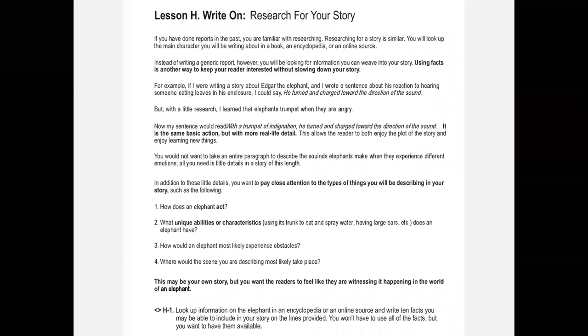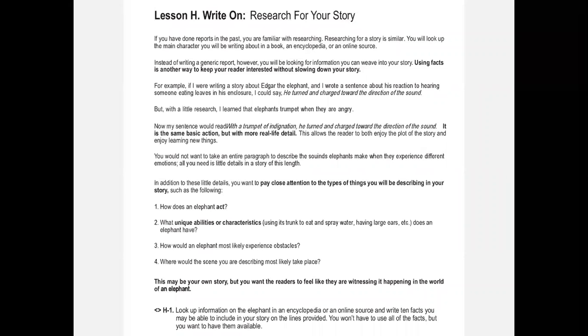Instead of writing a generic report, you will be looking for information you can weave into your story. That is why you're going to be doing this research. Using facts is another way to keep your reader interested without slowing down your story. For example, if I were writing a story about Edgar the elephant and I wrote a sentence about his reaction to hearing someone eating leaves in his enclosure, I could say he turned and charged toward the direction of the sound.